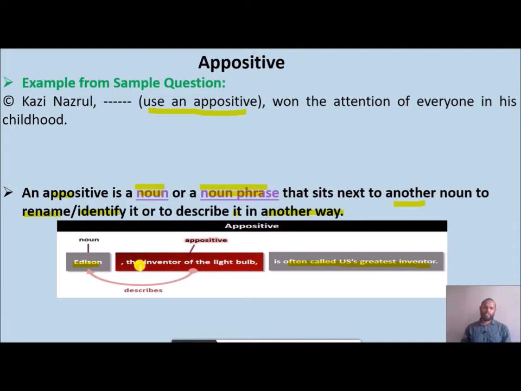You see here, the inventor of the light bulb. Okay, so here is the information about Edison, and the extra information we are getting here is known as an appositive.